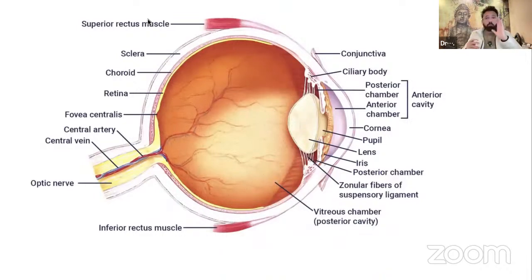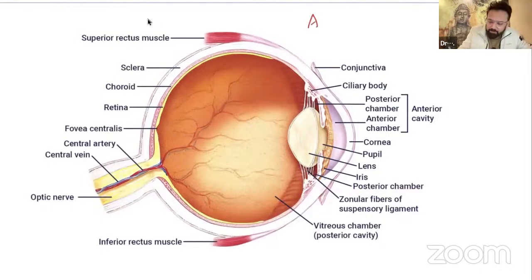Now, for the accommodation reflex, we have discussed the visual reflex and the light reflex. Now, the accommodation reflex. For the accommodation reflex, you have the ciliary body.